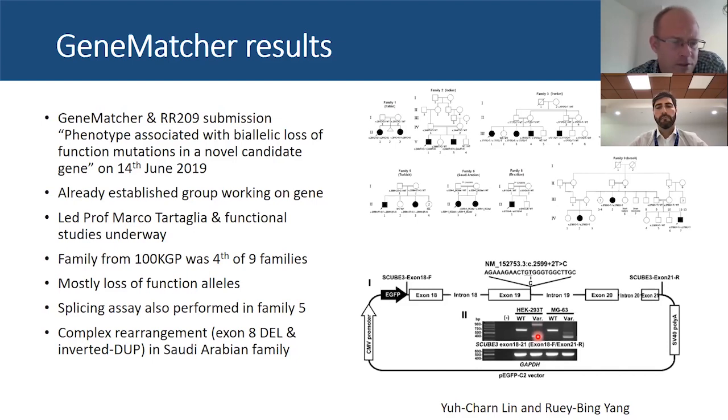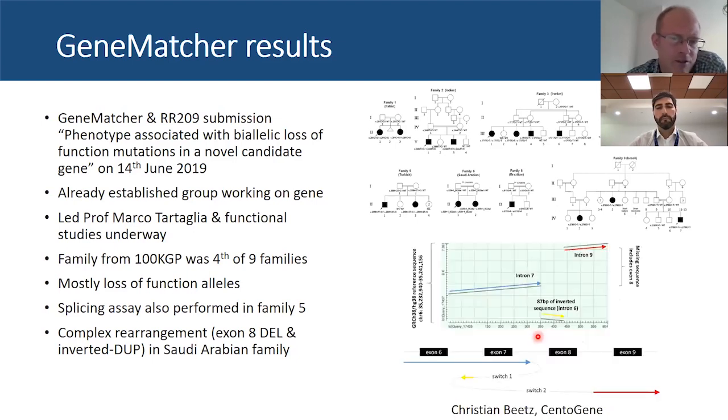And then, as well as that, there was one slightly exotic variant in a Saudi family, which comprised a deletion of exon 8, but also an inverted duplication of the previous intron. And this was homozygous in a Saudi patient. So it's a nice collection of variants in 9 families, in total I think 18 affected individuals.